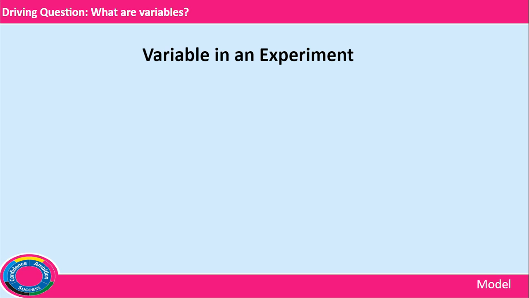Now, to break this down, these are the different variables in an experiment that scientists will be testing. So you have the independent variable. It's anything that is going to be changed in an experiment. You are going to change something in an experiment. Okay, we're going to see some examples in a minute.